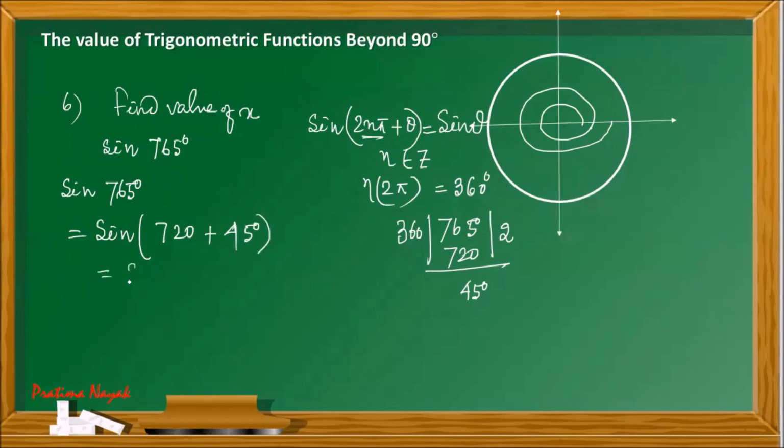Or this will be sine, how many pi? It will be 4 pi plus 45 degree, which is same as 2n pi, a 2 pi multiple. So simply, it will be sine 45 degree. What is the value of sine 45 degree? It will be 1 by root 2.